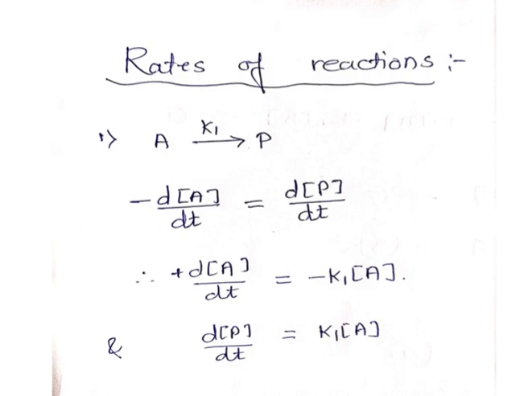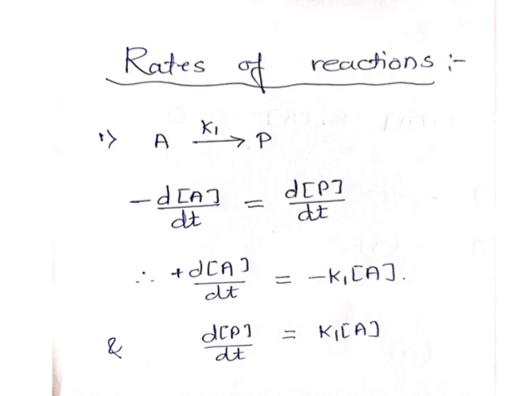So see, the first example is A gives product and the rate of formation of product has rate constant K1. Initially at time t equal to 0, A is 100%, and when the formation of product starts, obviously the concentration of reactant A goes on decreasing.